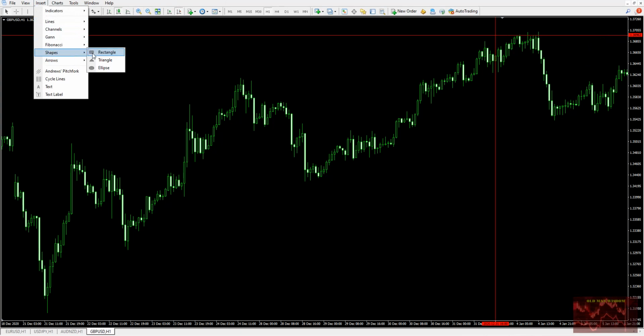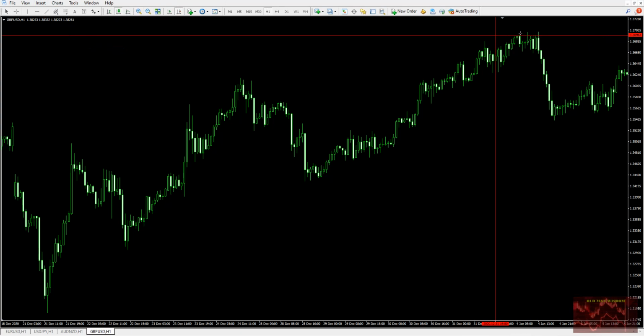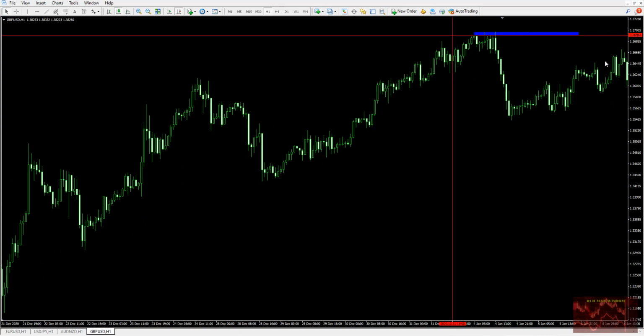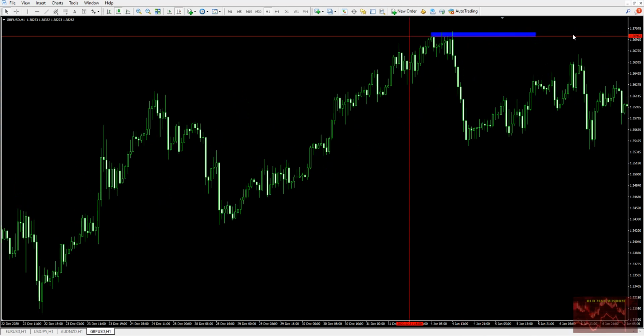What I like to do is to insert almost like an area rather than just one line. You see, we've taken it from the top of the wick to the body, and as we carry on, price doesn't reach the area that we want. Now there's a couple of ways we can do this.